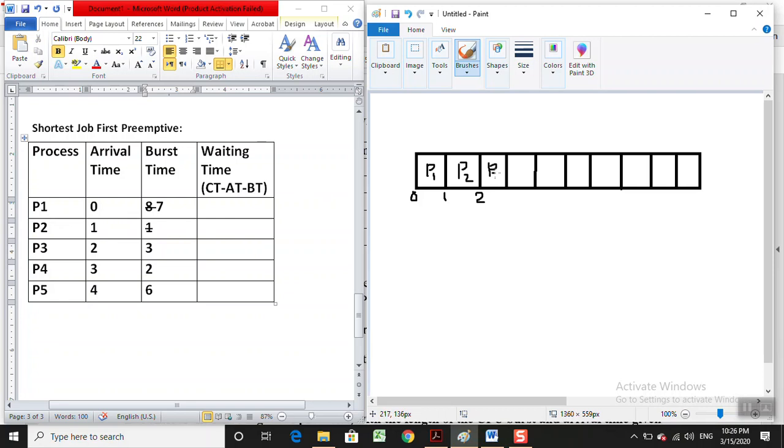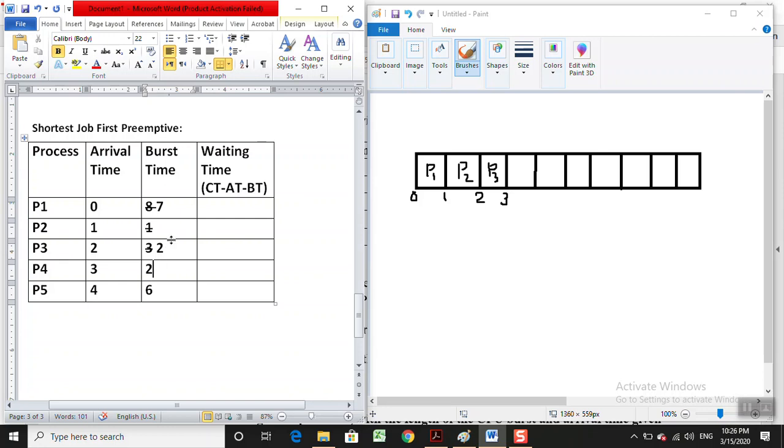P3 will be scheduled, and it will continue its job until 3 milliseconds. This will be 2 remaining time now. Now at 3 milliseconds, P4 has arrived with 2 milliseconds again. Which one has the shorter time?